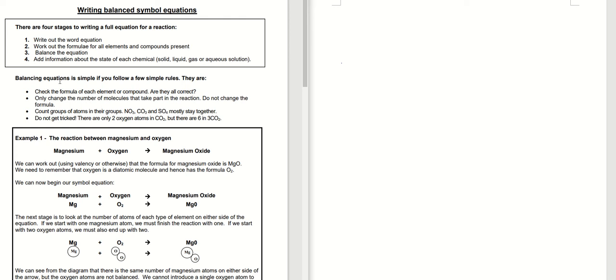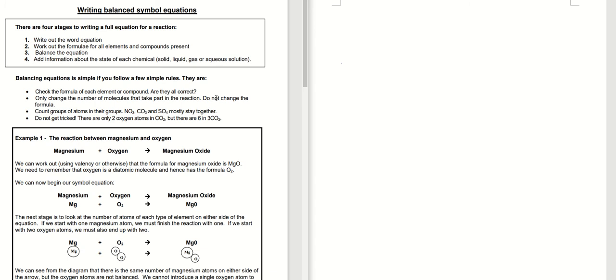There is a really simple way of checking whether or not your equations are balanced. Firstly, check the formula for each element or compound. Are they correct? As I said again, you will need a periodic table in order to accomplish this. Step 2, only change the number of the molecules that take part in the reaction.